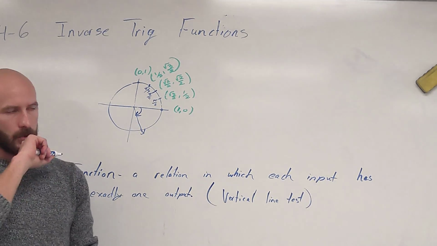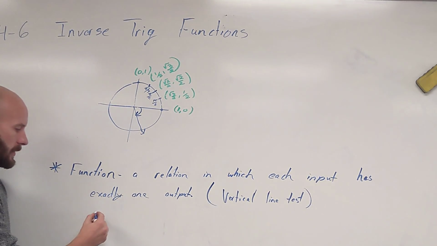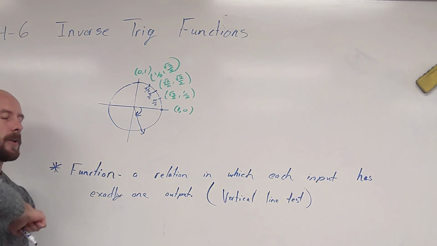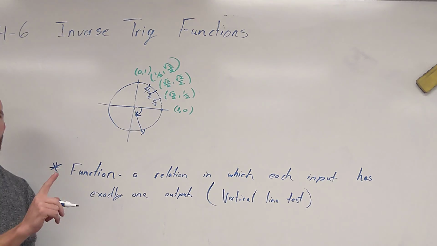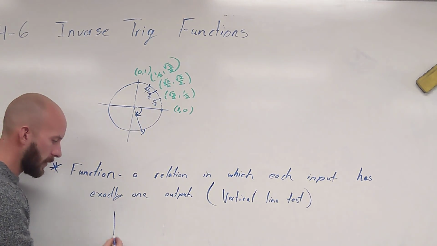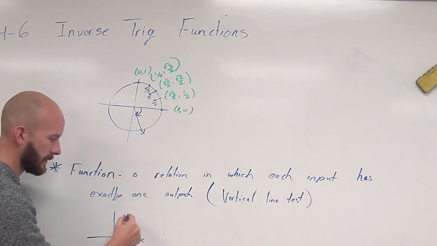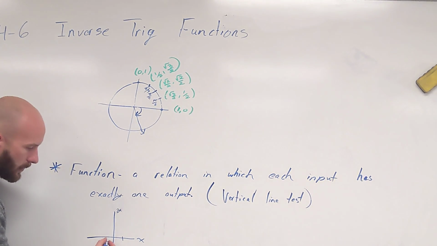It's easy to explain it on a graph, but if I have a function, basically I want an input to only produce one output, right? That's kind of what this says. What that looks like with the vertical line test, if I look at the graph, if I have an x value, so let me just kind of make a quick graph. You guys don't have to draw this.